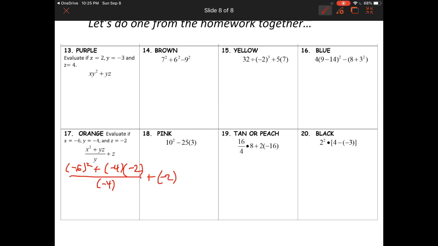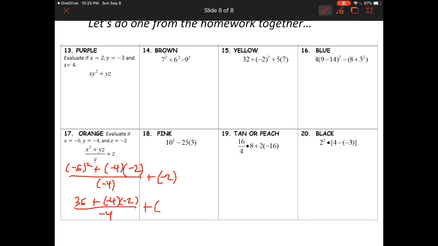So notice we need to follow the order of operations. So exponents first, then multiplication and division, etc. So negative 6 times negative 6 is 36 plus negative 4 times negative 2 all over negative 4. Now I can change this plus negative 2 to minus to make my life a little bit easier, or I can just leave it as plus negative 2.